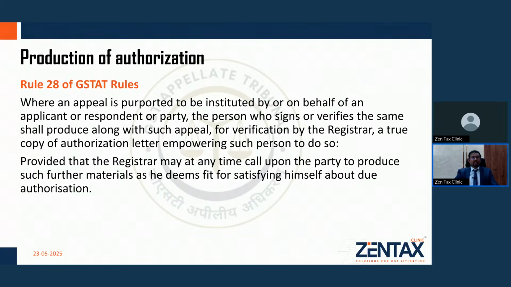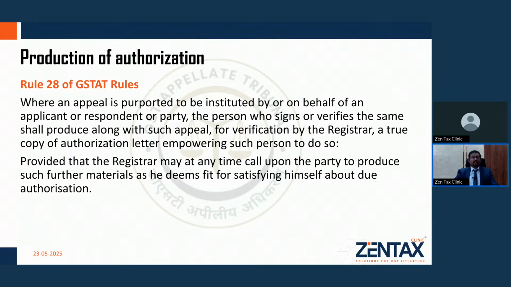Production of authorization, that is the power of attorney when it is to be appeared by a chartered accountant, or a vakalatnama when it is appeared by an advocate. So what is the importance or significance of this authorization?